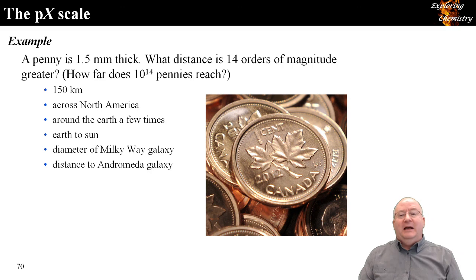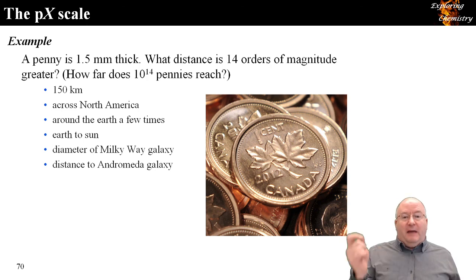Okay, fine. It is actually about the distance from the Earth to the Sun, which is around 155 million kilometers. That is the distance that a stack of 10 to the 14 pennies would reach. But that's the idea of the magnitude that we are dealing with. From a very thin penny here, which is a pH of 0, which we can easily produce in aqueous solution.